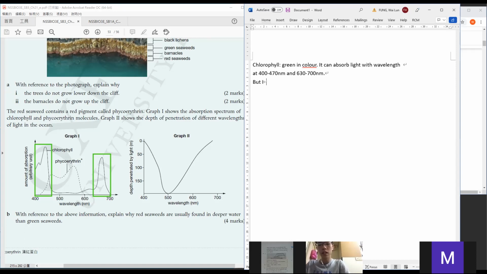But it cannot absorb light of 470 to 630 nm for photosynthesis.